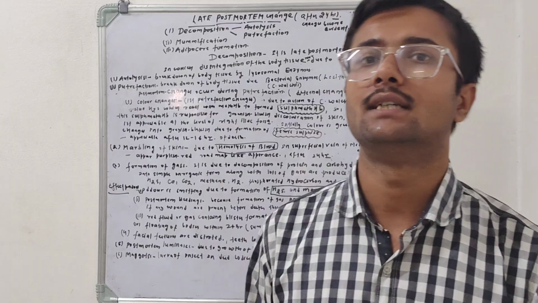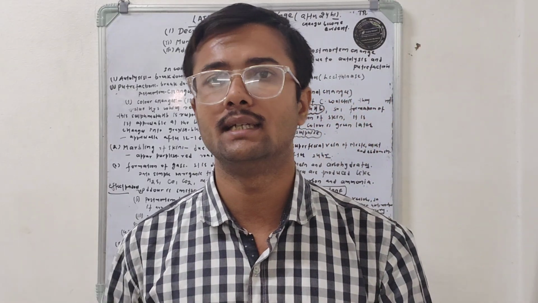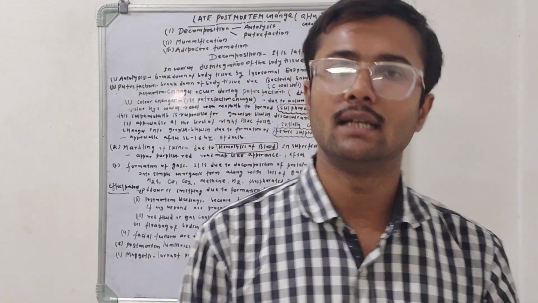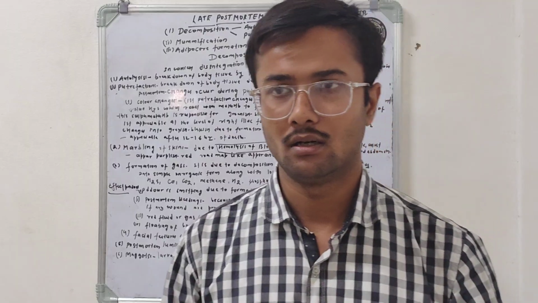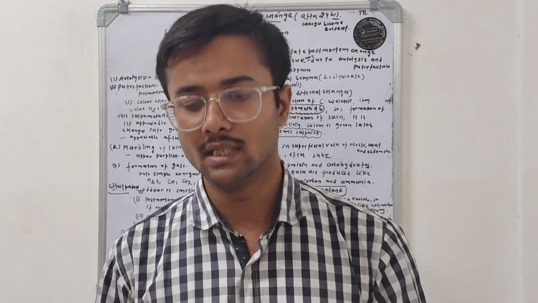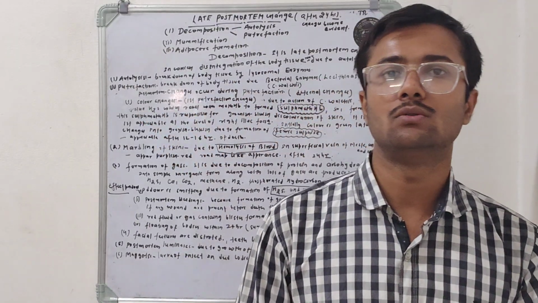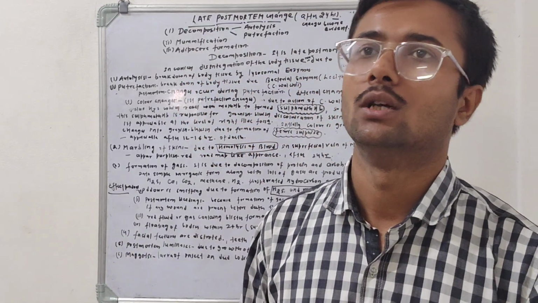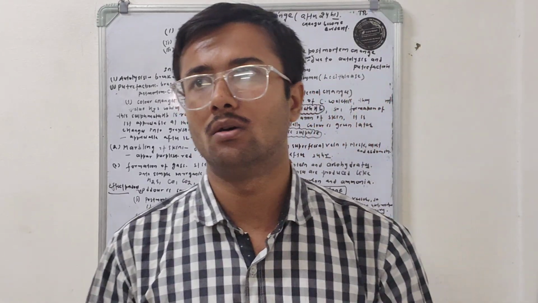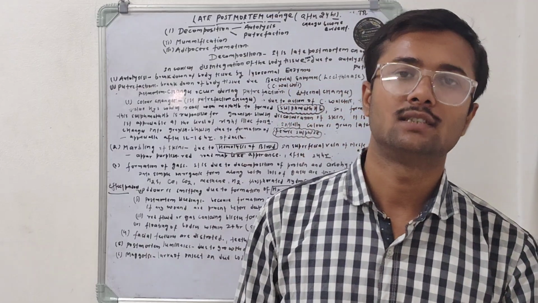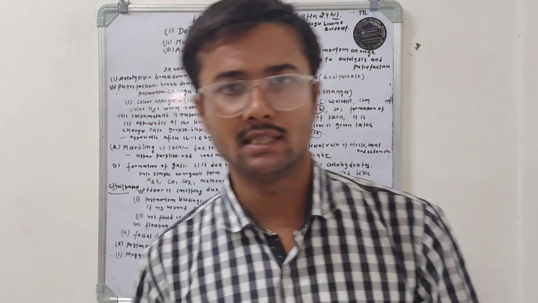If it is the winter season, it takes 2 to 3 days for the floating, and in the summer season it takes 24 hours. So this floating of the body will occur due to the gaseous formation by bacterial action. So these are the effects of gaseous formation. What are the other changes?